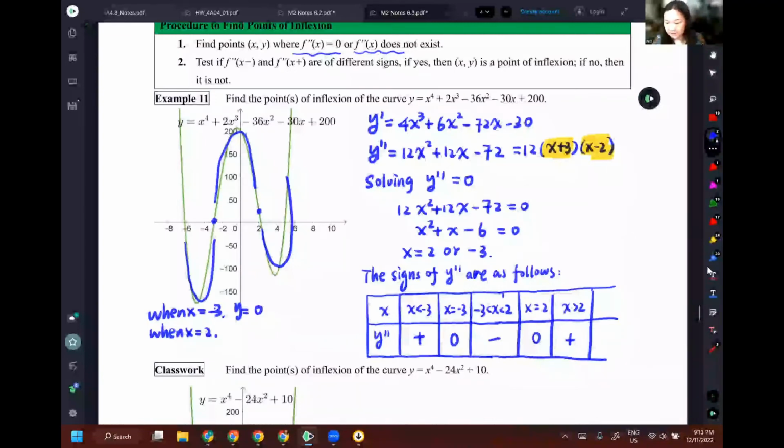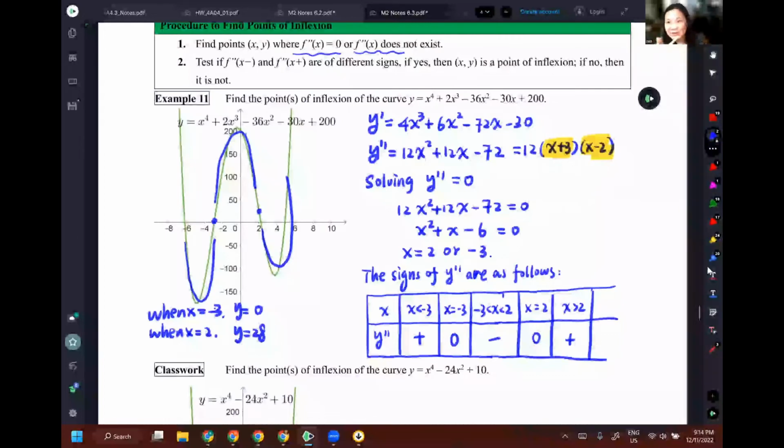So 16 plus 16 minus 36 times 4 minus 60 plus 200, 28. y equals 28. It's not drawn to scale. I mean, it is drawn to scale, but the x scale and the y scale are different.